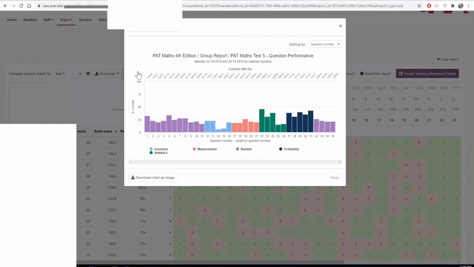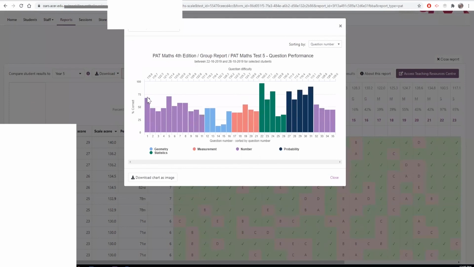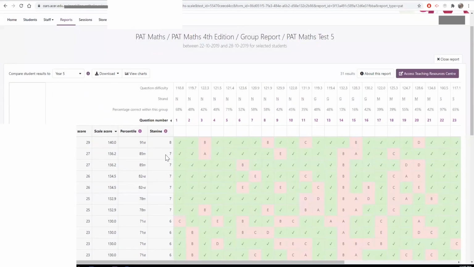And the viewing the charts so you can see just how they performed. Measurement and geometry are 2 areas that probably need a bit of work. When we're talking about students that we're differentiating with, that's where your data wall can come into play as well. You can actually compare the scale score, whether they've done the same test or not.